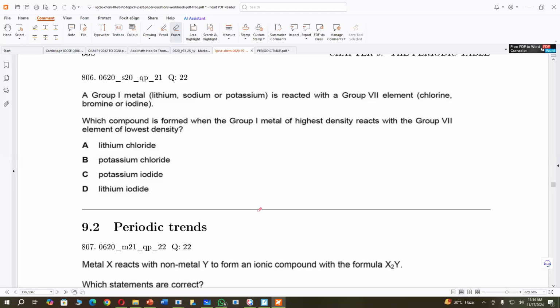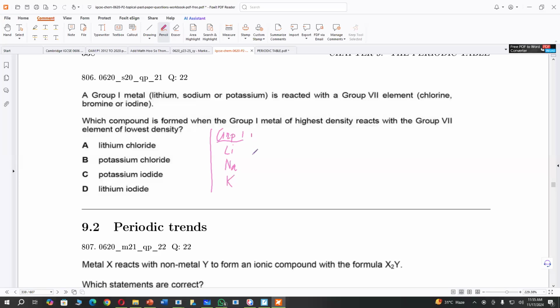Can you tell me group 1 members, please? Lithium, sodium, potassium, rubidium. I don't go below that because I need this list.